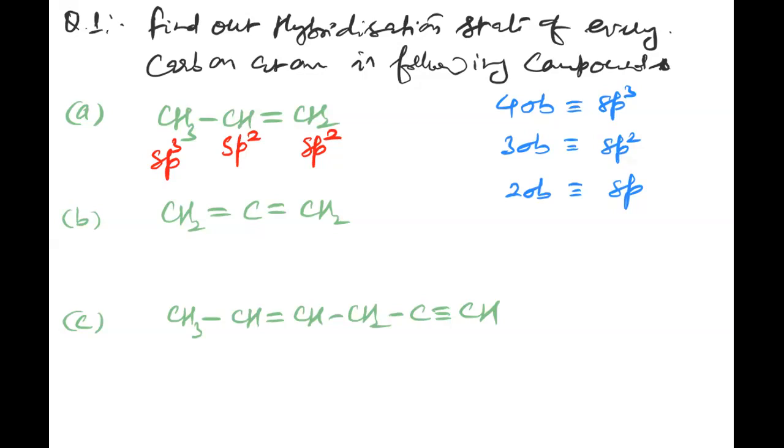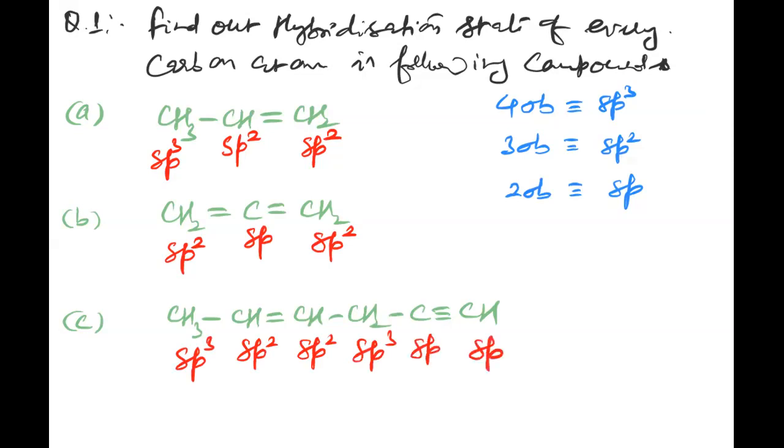This carbon is forming 3 sigma bonds, so it is sp2. It is sp and it is sp2. This carbon is sp3, this carbon is sp2, this carbon is sp2, this carbon is sp3, this carbon is sp and sp.